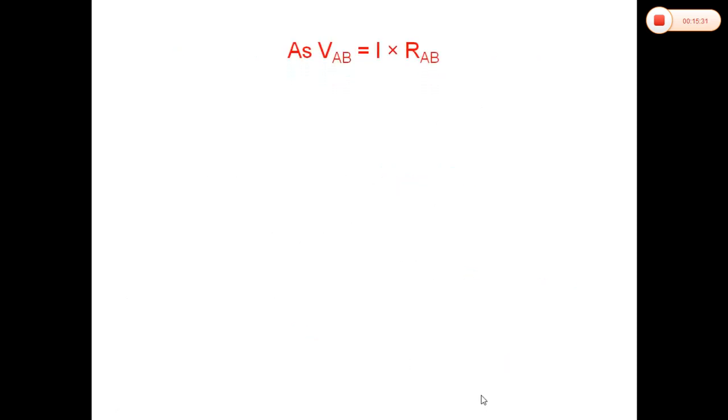Now for third part, students, let us discuss first how we find whether the balance point will shift on left side or right side on changing the value of external resistance.